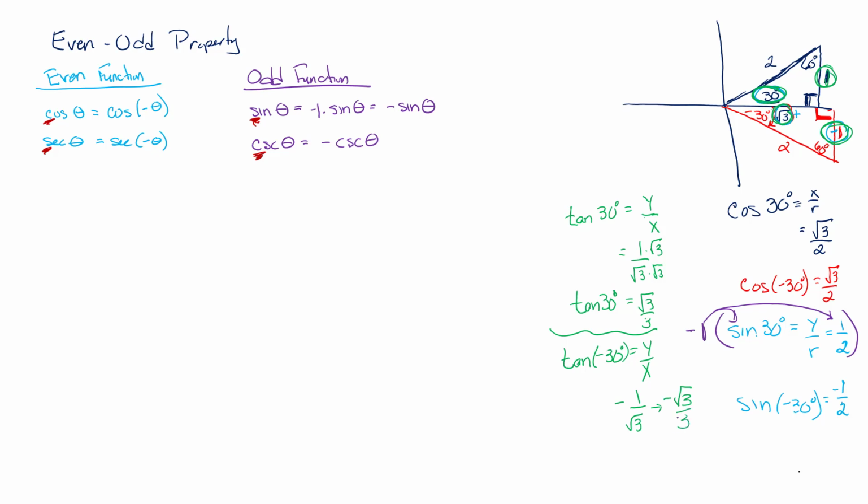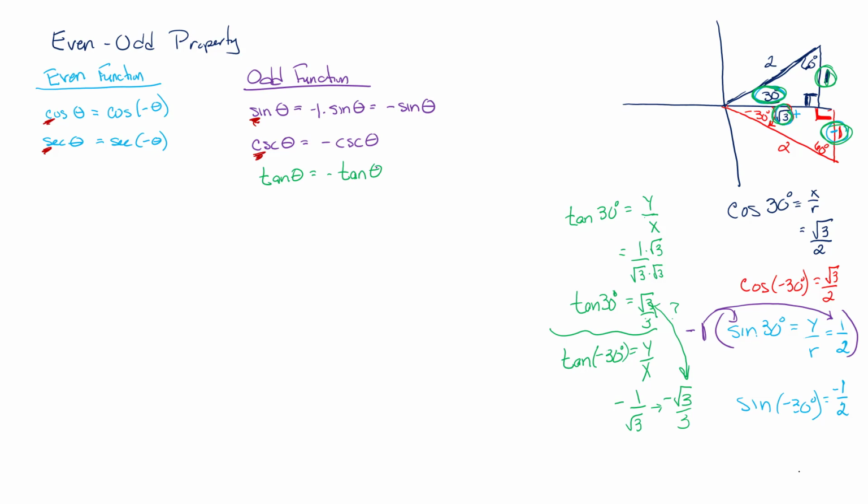So, are the tangent of 30 degrees and the tangent of negative 30 degrees exactly the same value? No. Which means, would tangent be considered an even function or an odd function? Good, odd. So, tangent of negative theta would be exactly the same as the negative tangent of theta.